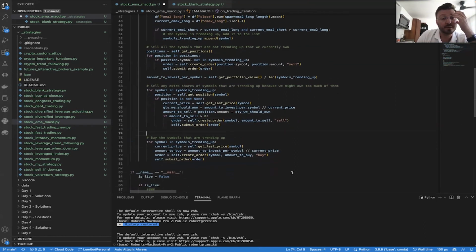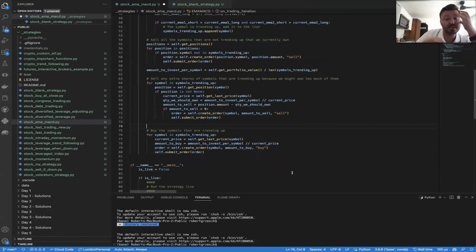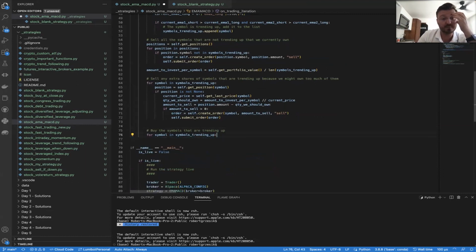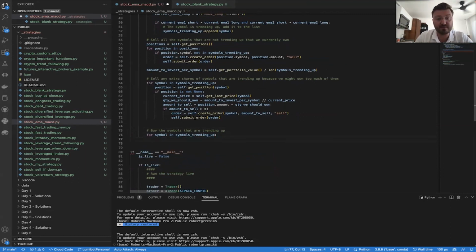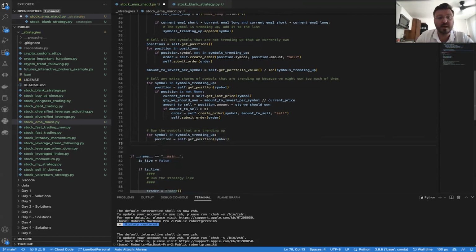So now we've reduced our positions, and now we want to buy the symbols that are trending up. We want to do the same thing: check if we have a position.